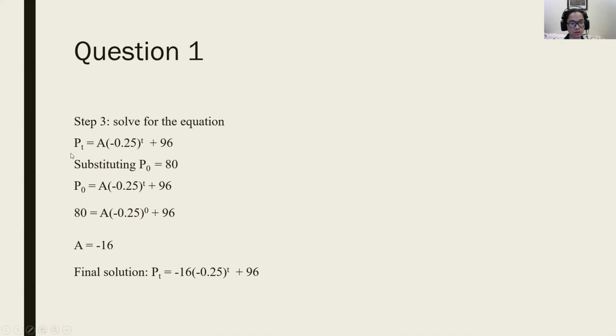So then we just substitute t equal to 0, then substitute p0 with 80, and as we know, negative 0.25 to the power of 0 will be 1 exactly. So 80 is equal to A plus 96, and then we put 96 to the left, we will have A is equal to negative 16. Now the complete equation for pt is that pt is equal to negative 16 times negative 0.25 to the power of t plus 96.